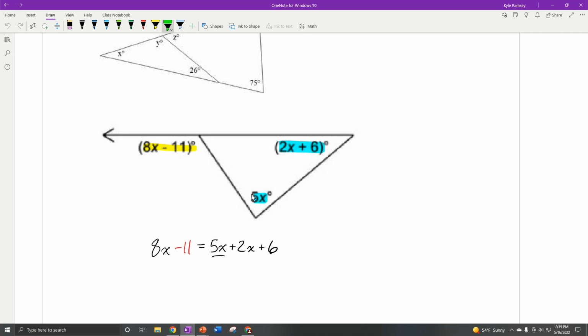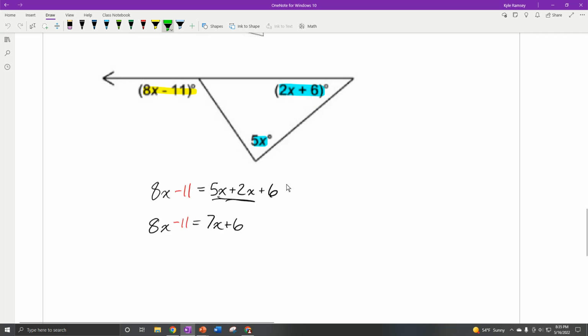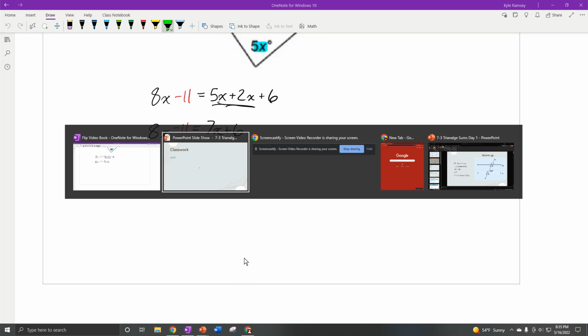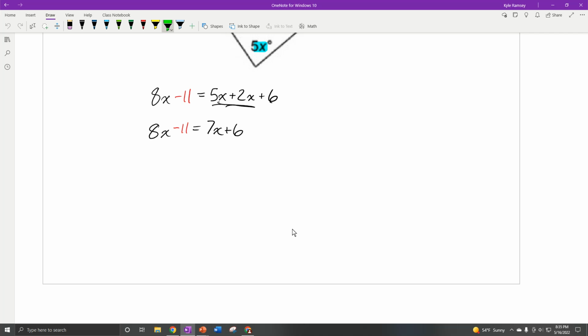So first things first is we need to gather these like terms over here. So we have 8x minus 11 equals 7x plus 6. All right. So at this point, we want to look at the fact that we have a 7 and an 8.